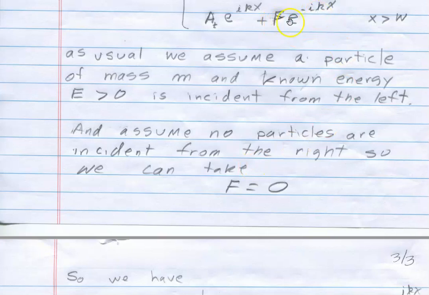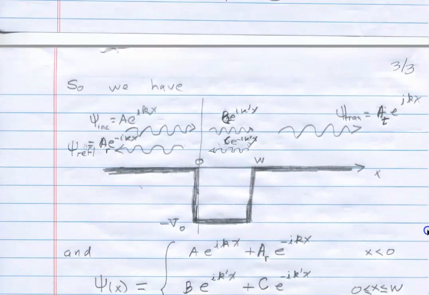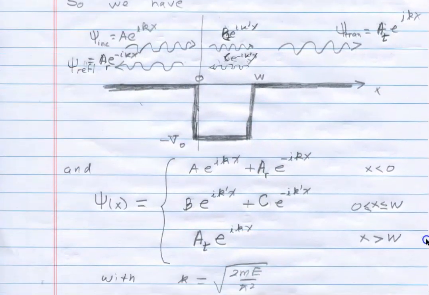This term here corresponds to particles being fired in from the right going toward the left, and that would be like scattering two beams simultaneously off of it. By the setup of the usual experimental arrangement, we're going to assume that we're not having any incident particles coming in from the right and moving to the left, so we'll set f equal to 0. So altogether, we've got something that looks like this.